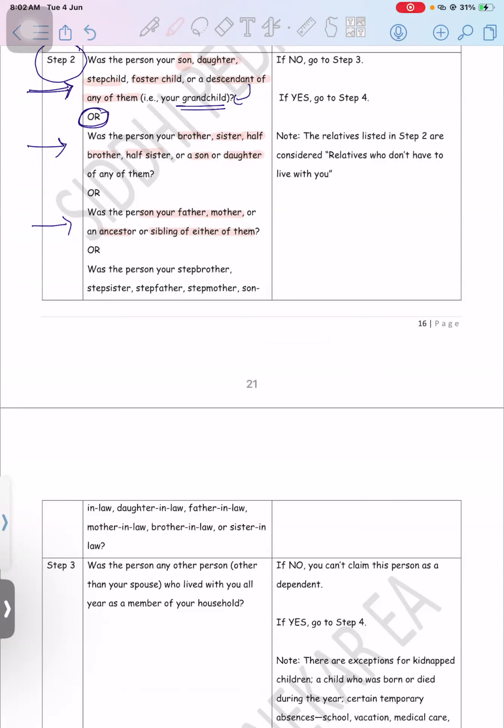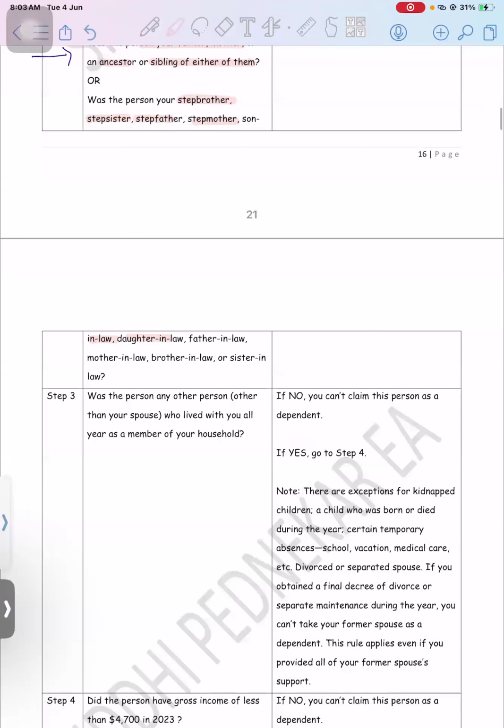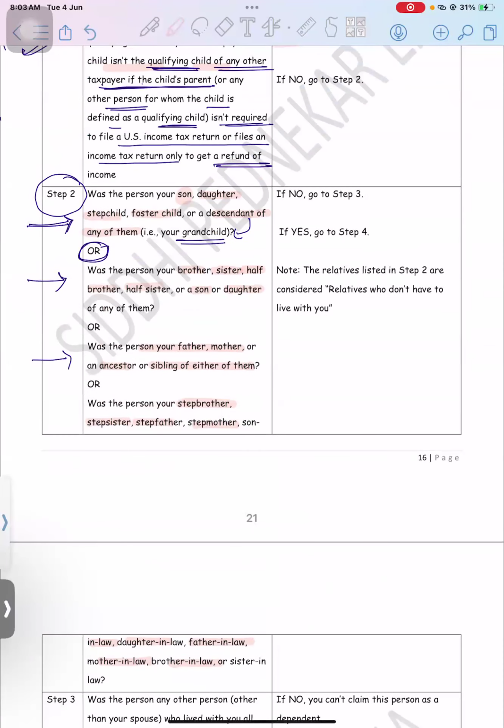The qualifying relative definition is very wide, it includes everyone from your family members. Okay, it will also include step brother, step sister, stepfather, stepmother, son-in-law, daughter-in-law, father-in-law, mother-in-law, brother-in-law, sister-in-law, all relatives will be considered for the QR definition.